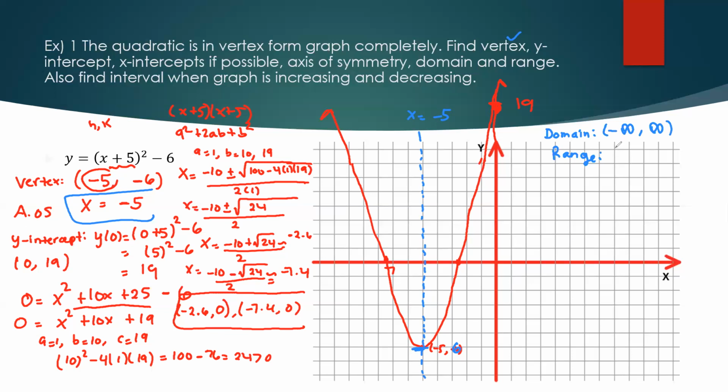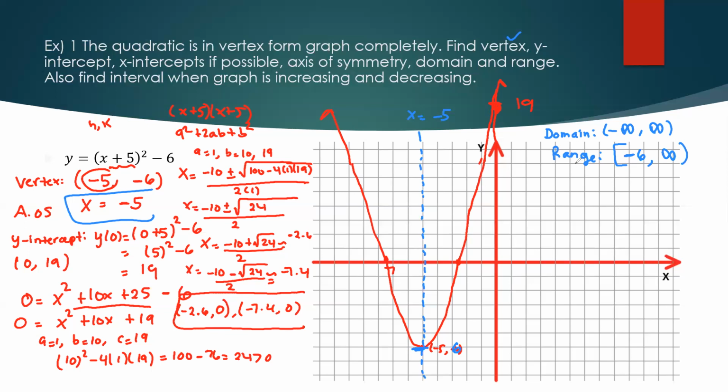For some reason, they include your y value, so instead of a parenthesis, they use a bracket: negative 6 included. And then it just shoots up to infinity. With infinities, you always put parentheses. Okay, so that's your domain, that's your range.